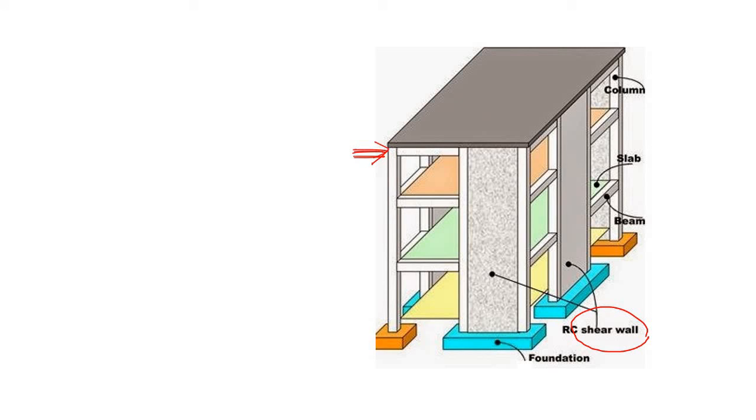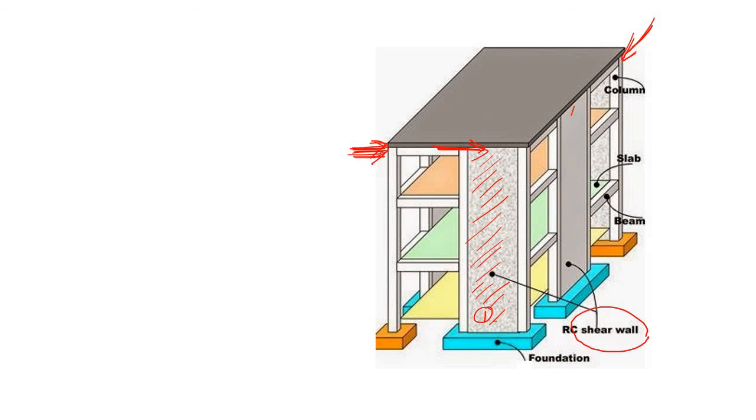Here you can see that in this building we have provided shear wall number 1 along this direction. If we apply any lateral load in this direction, this shear wall is going to cater to it. Now your wind is not going to come in a single direction, it may come also in this direction.